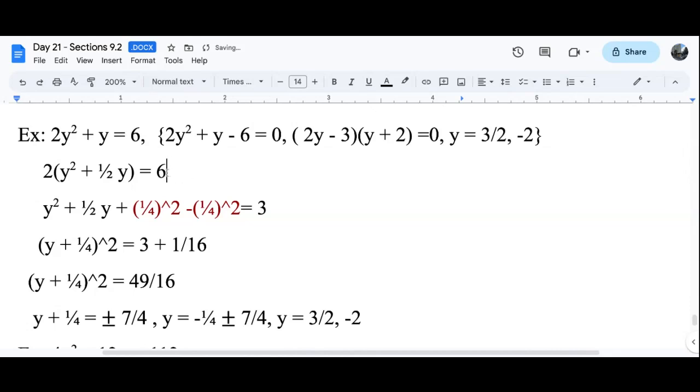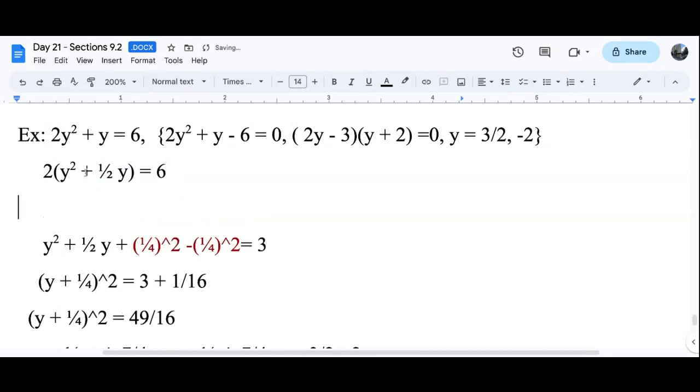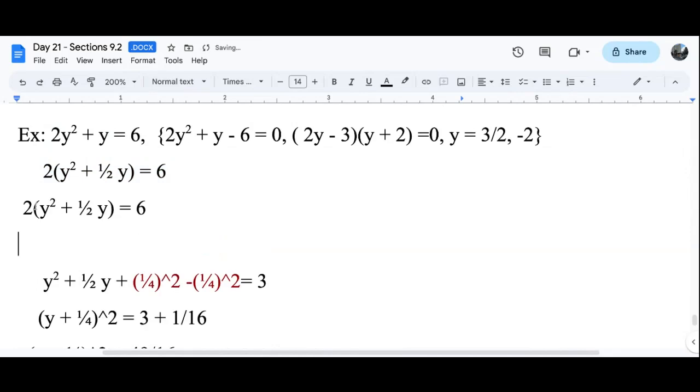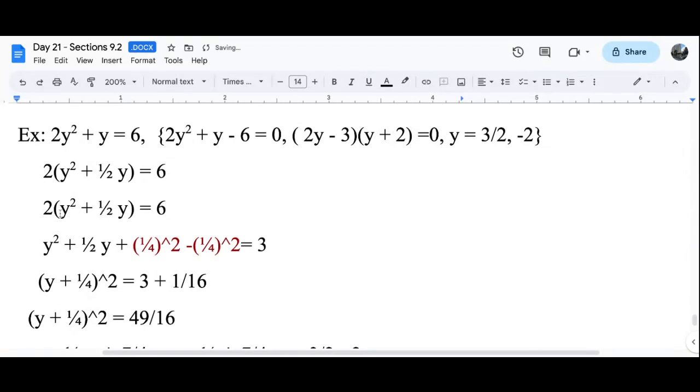Oh, no, not divided by 2 yet. So from here, we factor out 2. If we factor out 2, 1y becomes half y because 2 times half, that's 1, right? So then we divide by 2 on both sides. 6 divided by 2 is 3.